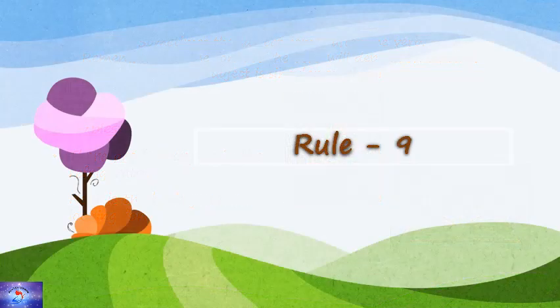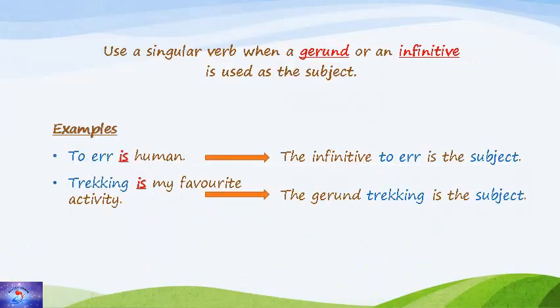So now rule number 9. Use a singular verb when a gerund or an infinitive is used as the subject. So for example, to err is human.